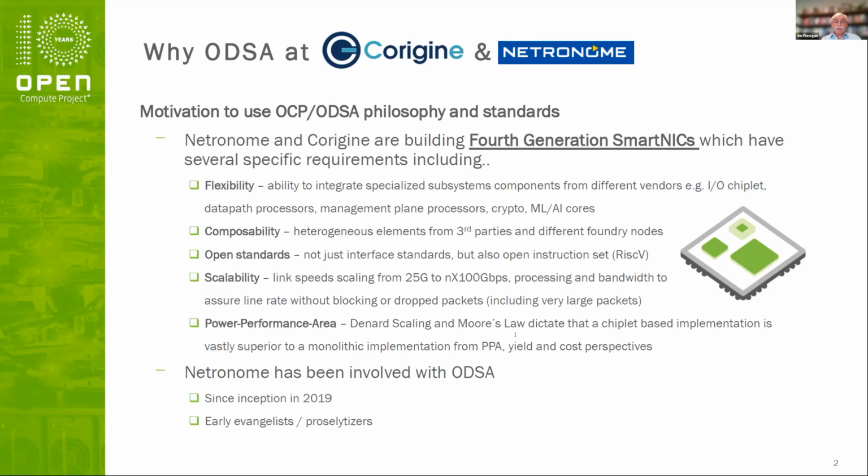And so you need to have a design that can basically scale, dimensioning your processing requirements for the offered load from those different interfaces, all the while ensuring that you don't block or drop any traffic, and including the ability to support very large packets, such as greater than jumbo packets, a prospect which has been much discussed at the Linux Foundation. And of course, perhaps the biggest motivation of all for the chiplet approach is the power performance area equation.